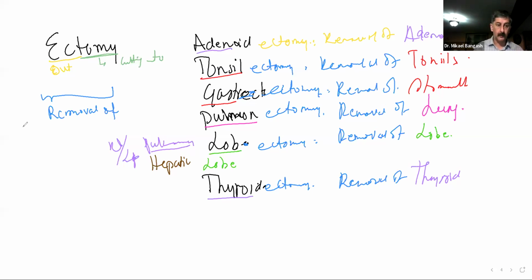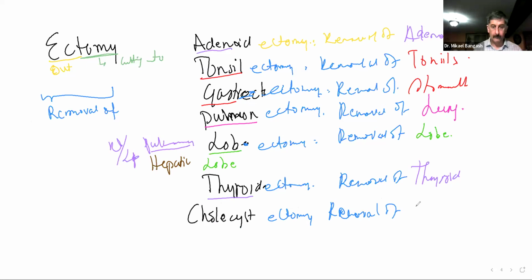We can go and say cholecystectomy. So mainly it's removal of the gallbladder.